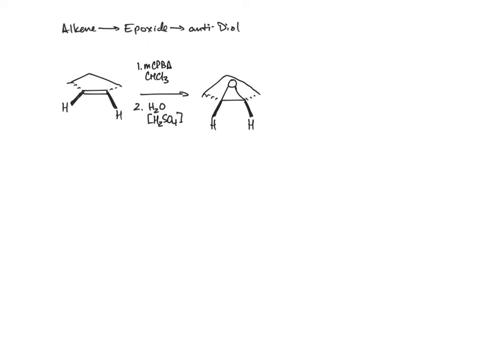So we're looking at the edge on, and essentially at this point, since we are starting with something that's achiral, it doesn't matter which face of the alkene we epoxidize, top or bottom, you end up getting the same molecule because there's an element of symmetry.